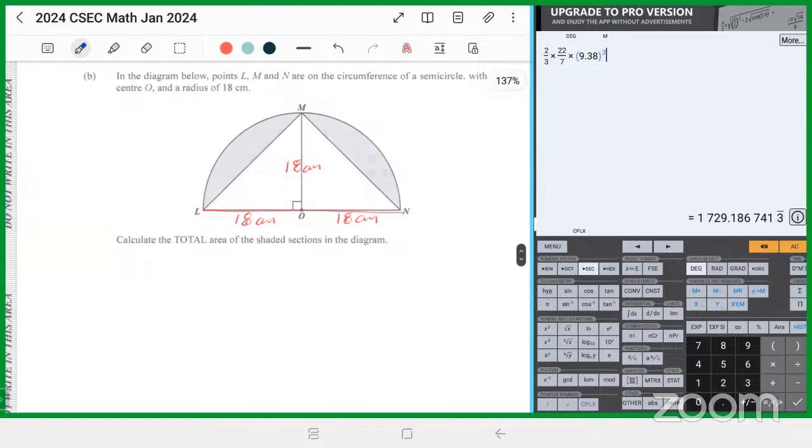Let's write it. So the area shaded equals area of the semicircle. Let's put S circle, meaning semicircle, minus area of that triangle in there.